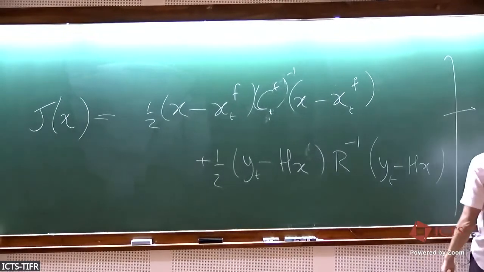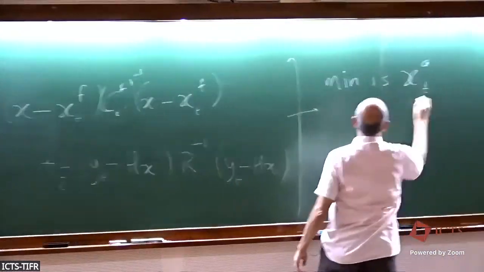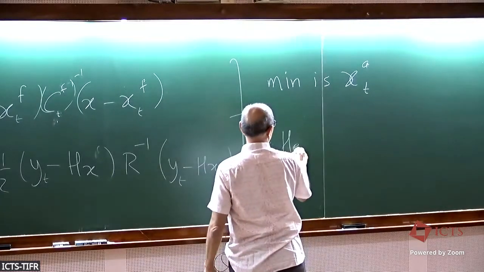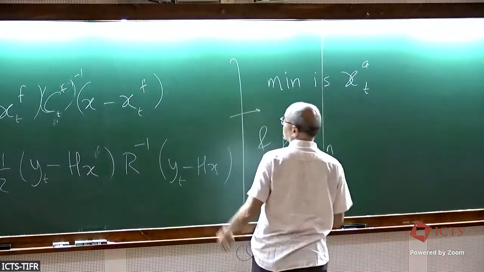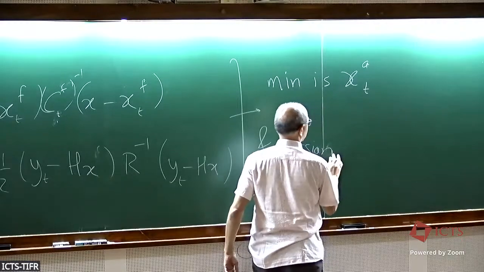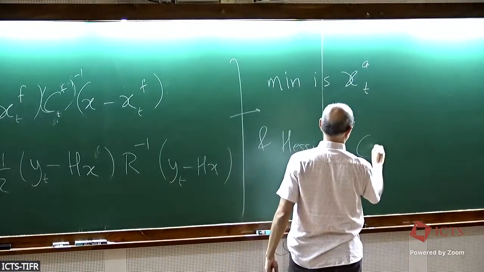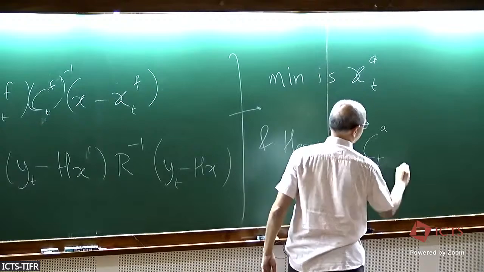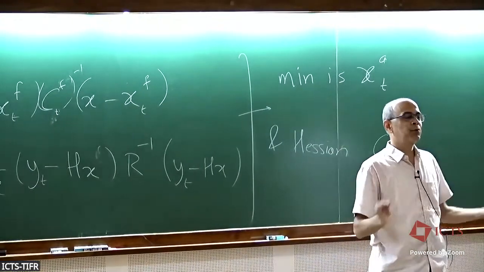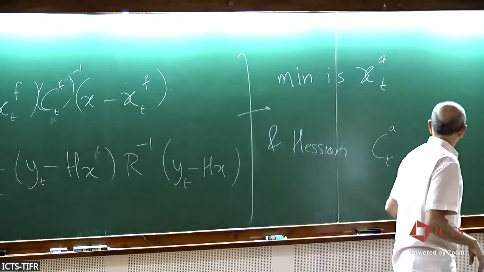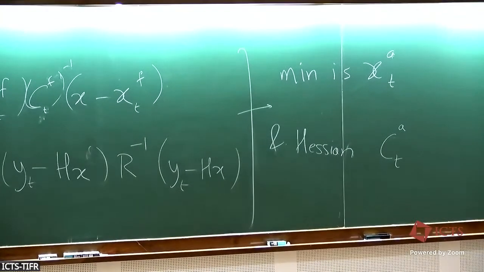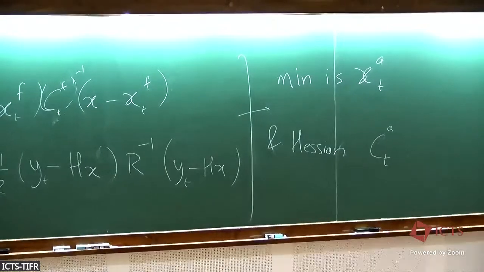It's a quadratic form, so its Hessian is independent of X. That's another couple of lines of calculation. So both those calculations are essentially similar looking, but two different ways.